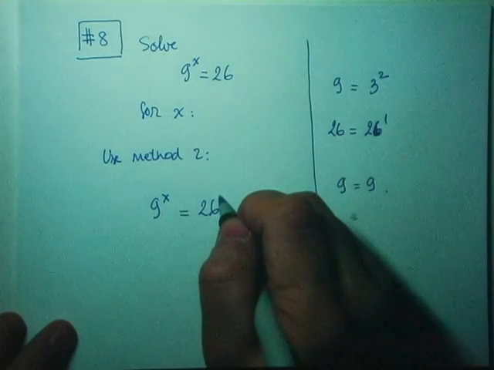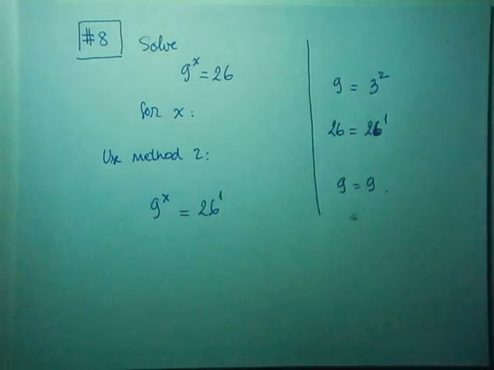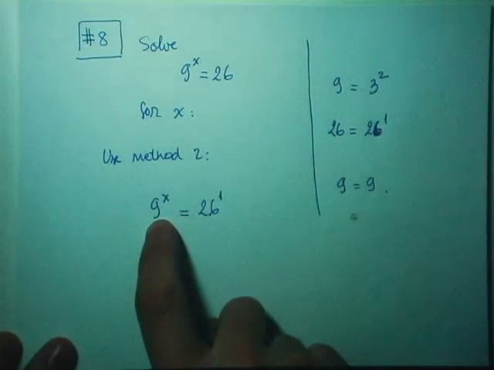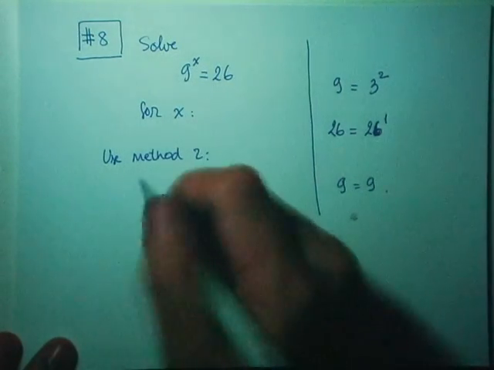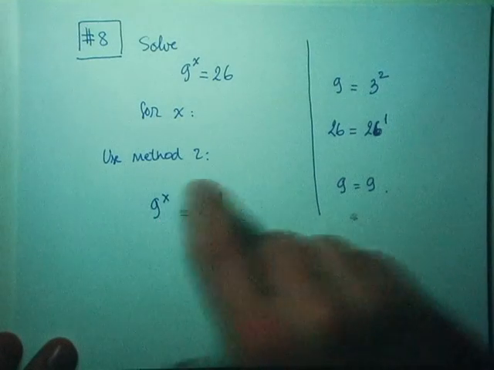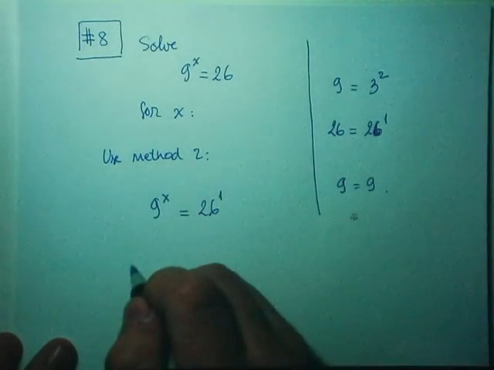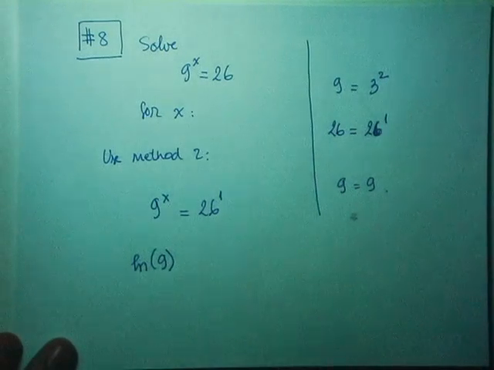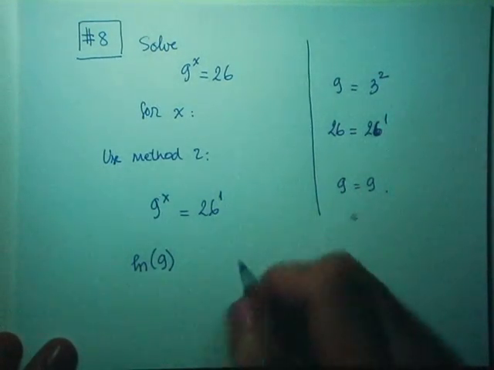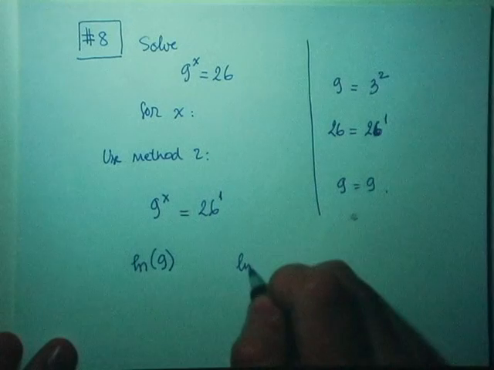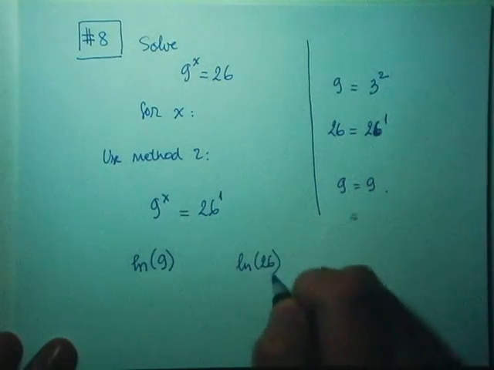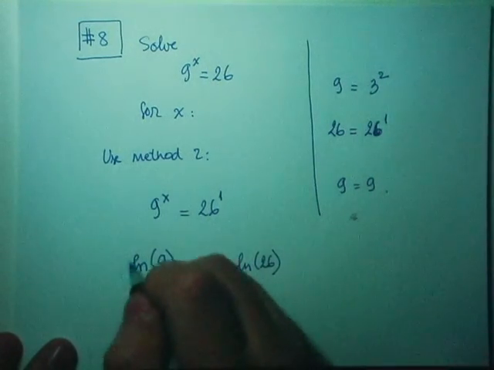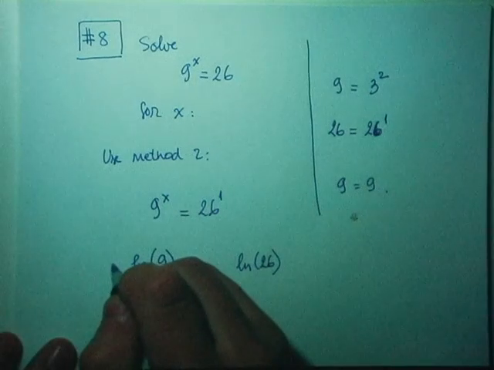What I see here is that I have a power of 1 on the right hand side, and my number 9 is the base, raised to the x. So what I can do is simply take the natural log of 9 on the left hand side, and I'm doing it again, taking the natural log of 26 on the right hand side. And then for the left hand side, natural log of 9, I'm going to multiply that by x.